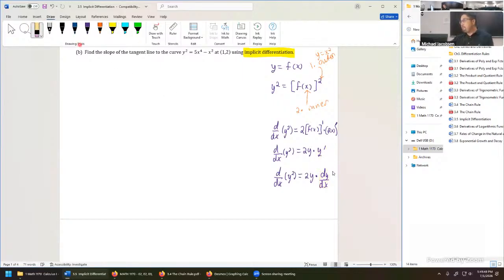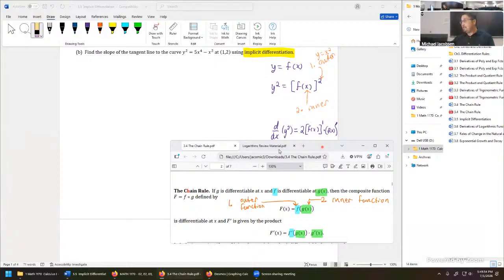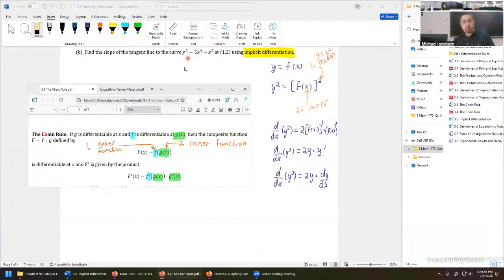So in purple, this is the major idea for what's going on with implicit differentiation. Essentially, we don't try to solve for the variable y, no matter how complicated this looks. We just treat y as really a new function. So if it's y cubed, cosine y, sine y, it's really something like this. There's a function on the inside.